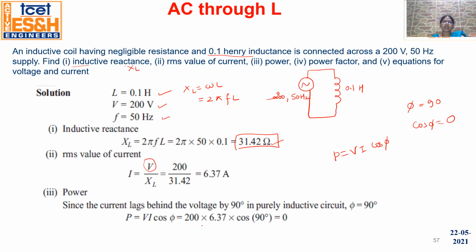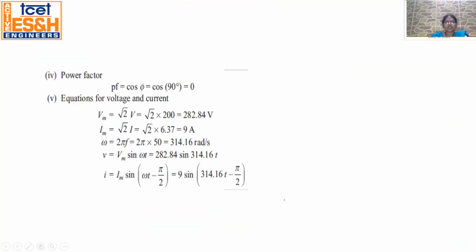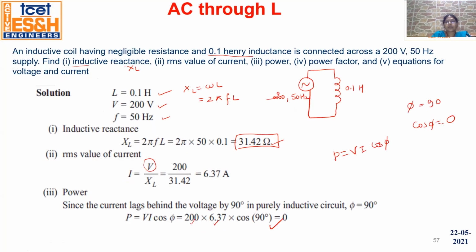So the power consumed is equal to 0. V is 200, current is 6.37 multiplied by 0 gives a 0 result. So the power is equal to 0. Power factor is cos phi, which is 0. Now the equation for the current and voltage.